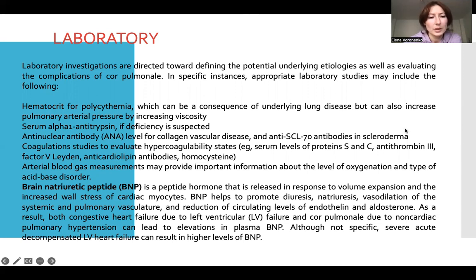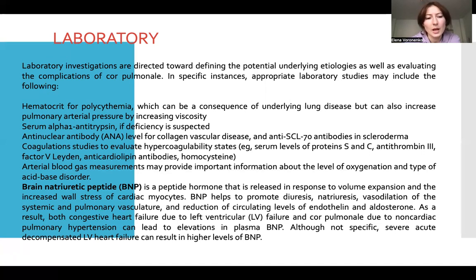Brain natriuretic peptide is a peptide hormone that is released in response to volume expansion and the increased wall stress of cardiac myocytes. BNP helps to promote diuresis, natriuresis, vasodilation of the systemic and pulmonary vasculature, and reduction of circulating levels of endothelin and aldosterone.